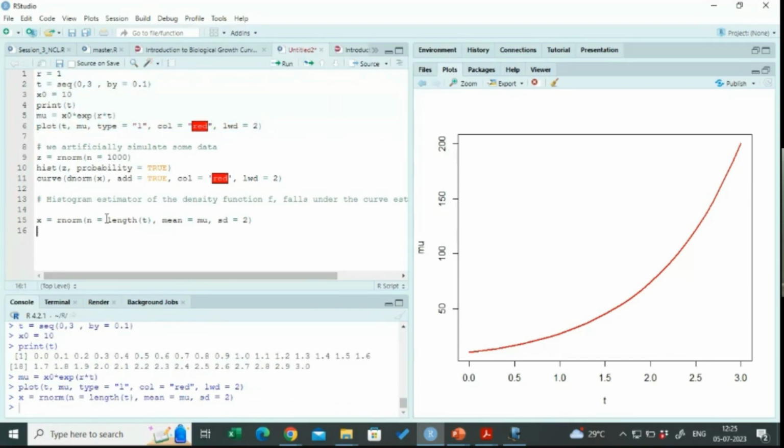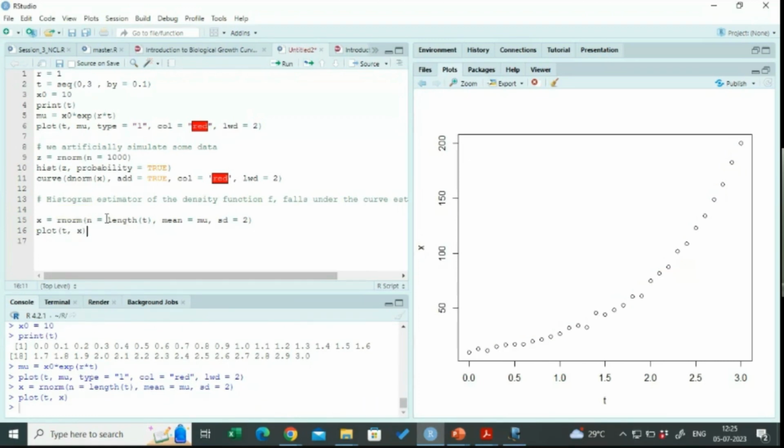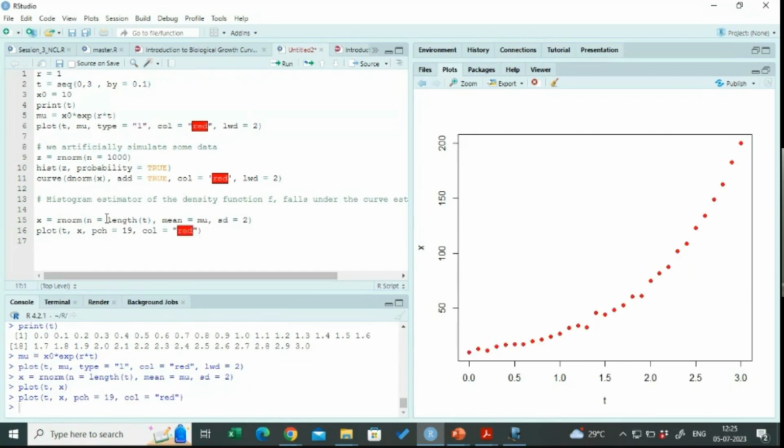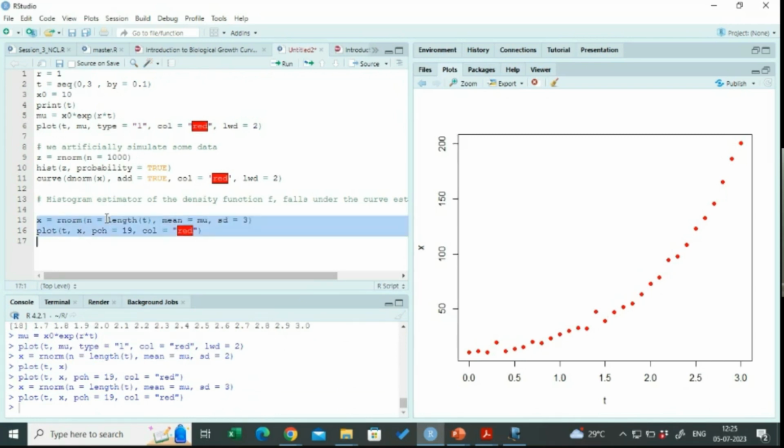Let me do this. So now we plot t comma x, and pch equal to 19, col equal to red. Try to understand what the mean profile is. If you increase its variation a little bit, say now 3, see that this is getting more distorted.